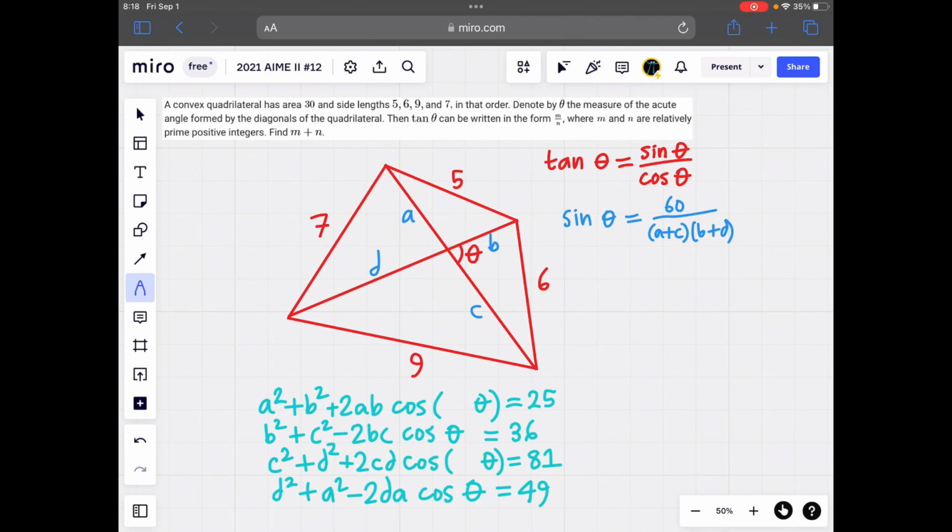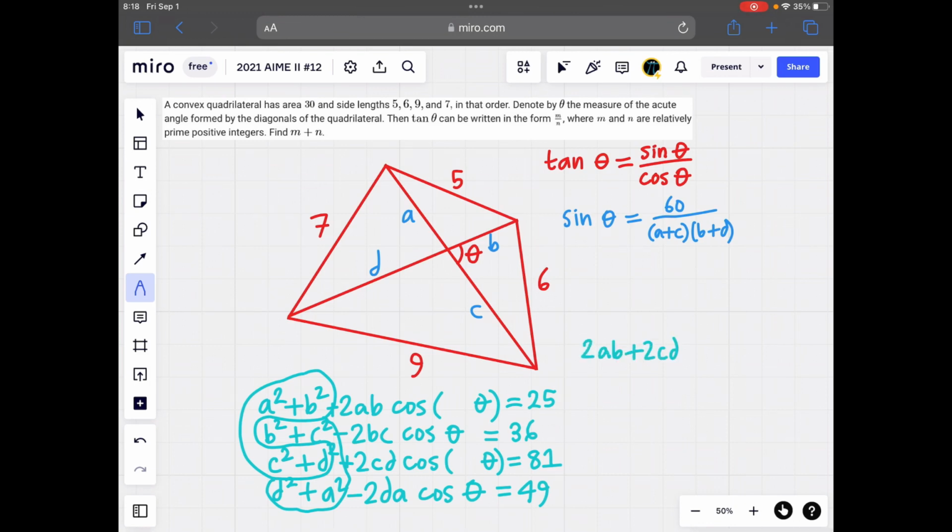So now what do we do? Well, we can add the first and third equations and then subtract the second plus the fourth. We have A squared plus B squared plus C squared plus D squared, and then minus B squared plus C squared plus D squared plus A squared. But that's nothing because they're the same thing. They're both A squared plus B squared plus C squared plus D squared. Now, if we add and subtract the second parts, we get 2AB plus 2CD.